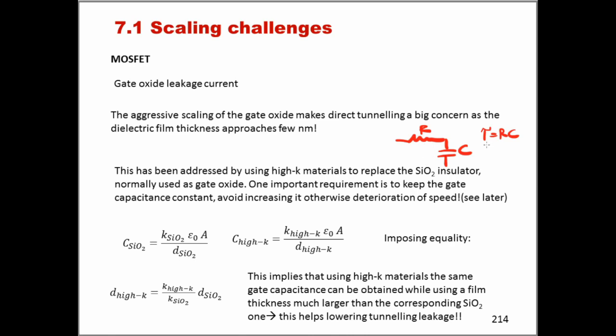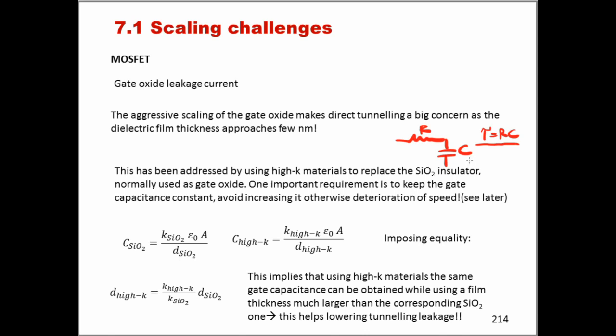And so this time constant tells us how fast the gate stack can be operated in a way. So how quickly I can change the voltage on the gate, how quickly I can increase it, how quickly I can reduce it.